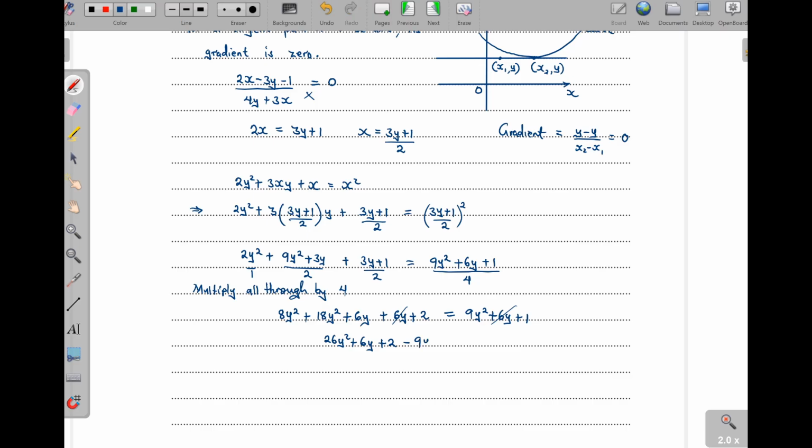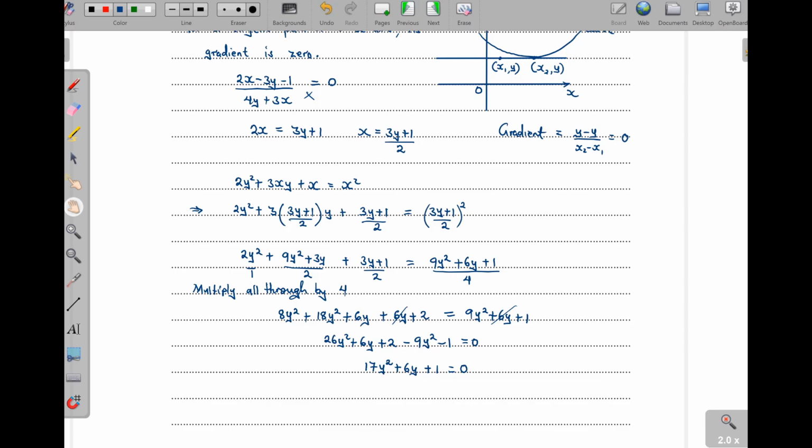You have minus 9y squared minus 1, which is equal to 0, because I want to get a quadratic in y. So 26 minus 9, I think that one gives us 20, no, it gives us 17, yes, 17y squared, then plus 6y, and then plus 1, this one is equal to 0.